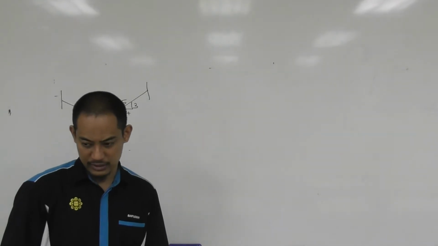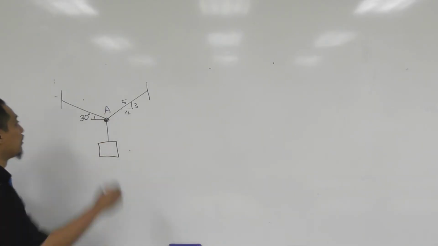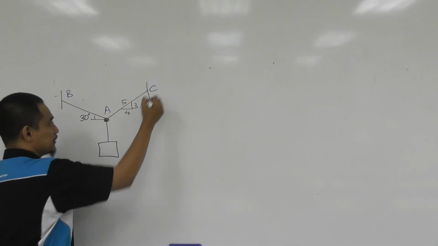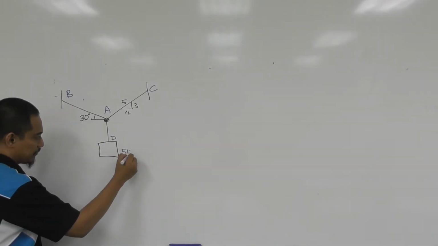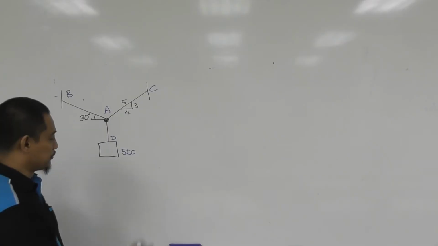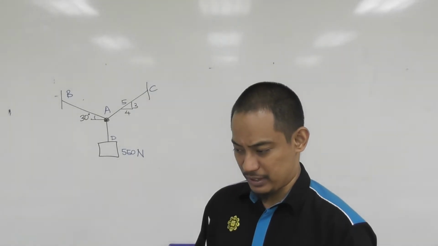It gives you the point labels A, B, C, and then D, and this is 550 Newton of weight. The question says what is the force in rope AB and AC?